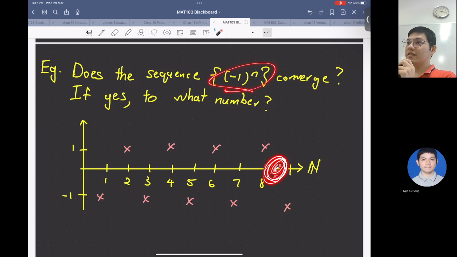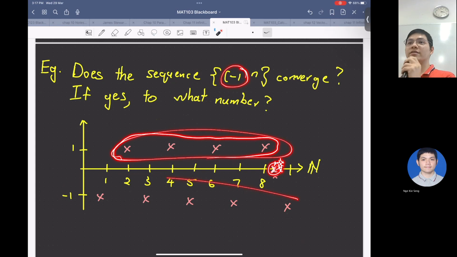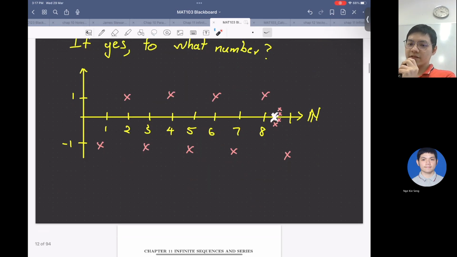For this sequence here, can you find the terms that are as close as you like to this limit, this 0? Can or not? Cannot, right? Because they are just revolving around 1 or -1. So by definition, this doesn't converge. But whatever I said just now can be written rigorously using the epsilon-delta definition.